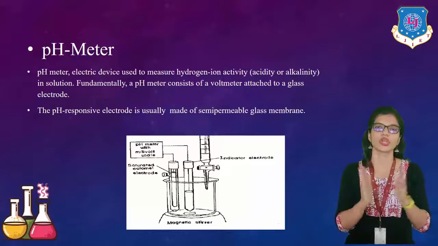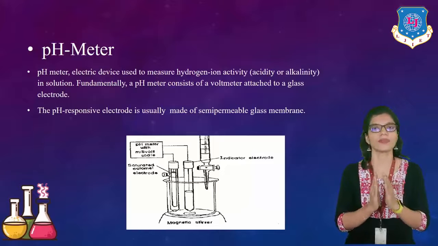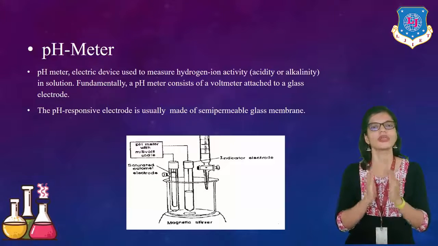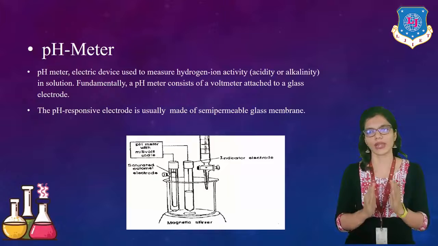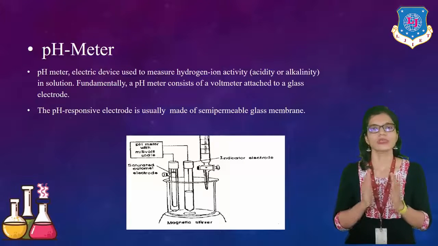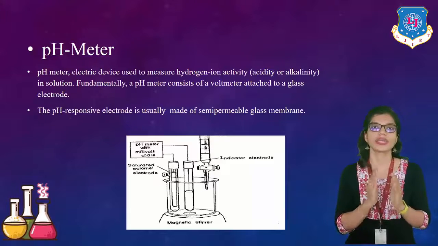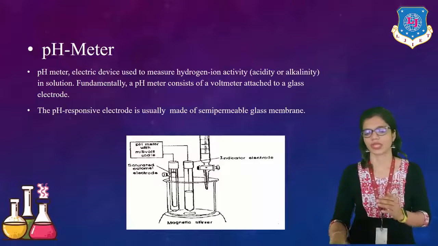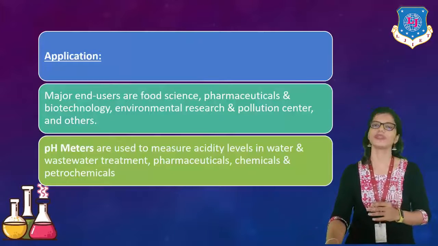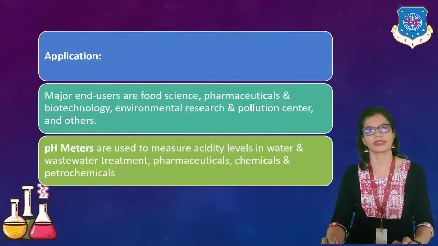It will observe that particular pH change, and in that manner it will determine the pH of that particular solution. That is the principle with which a pH meter works. Generally, all pH meters work on that particular basis.